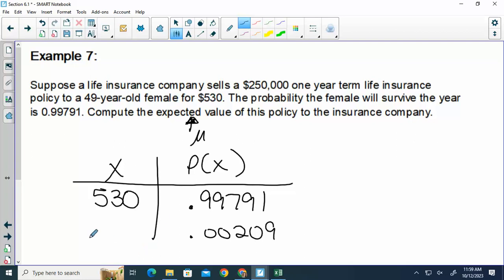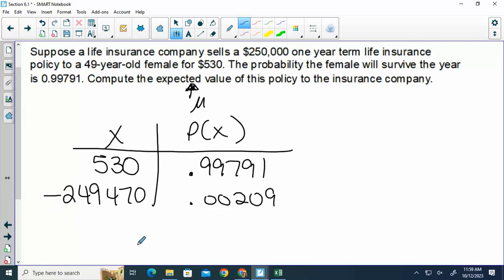Okay, so they would really end up having to pay $249,470 out of their own pocket. And if they're paying that, we're finding the value to them, that would be a negative value. Would we agree with that? Okay, so the expected value is the mean. We have to take the x times p of x, and we're going to add those together.